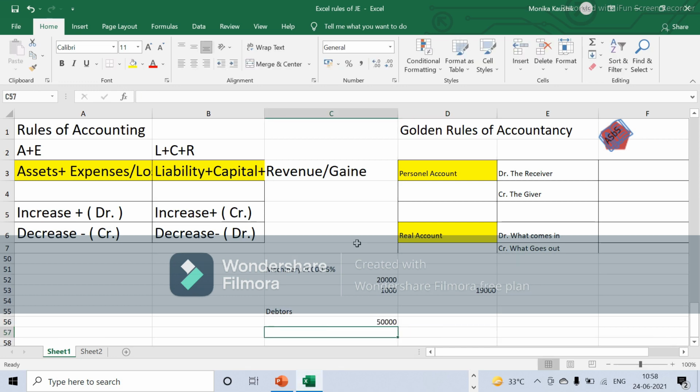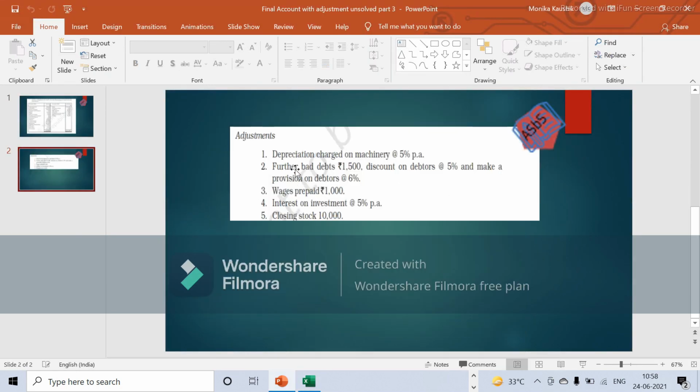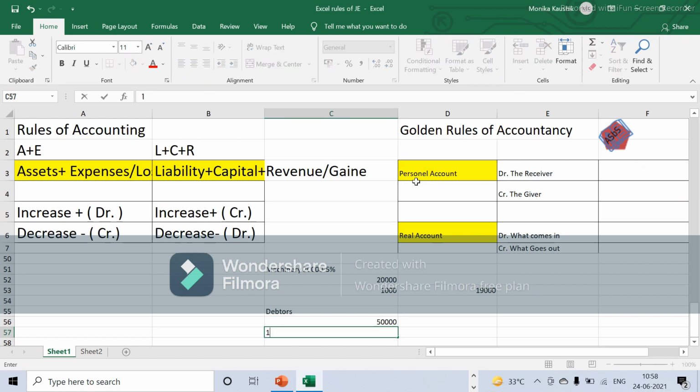Out of this I'll have to deduct the further bad debts. First of all, further bad debts 1,500. The amount will come: 50,000 minus this is equal to 48,500.